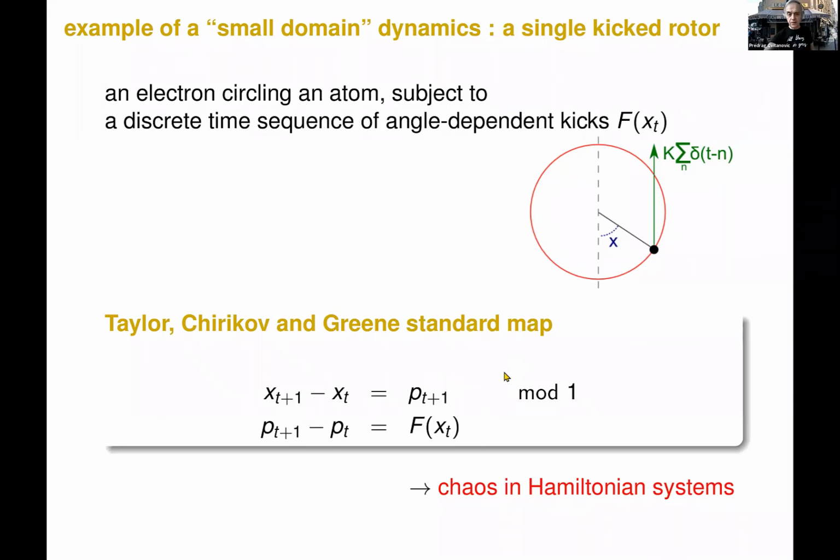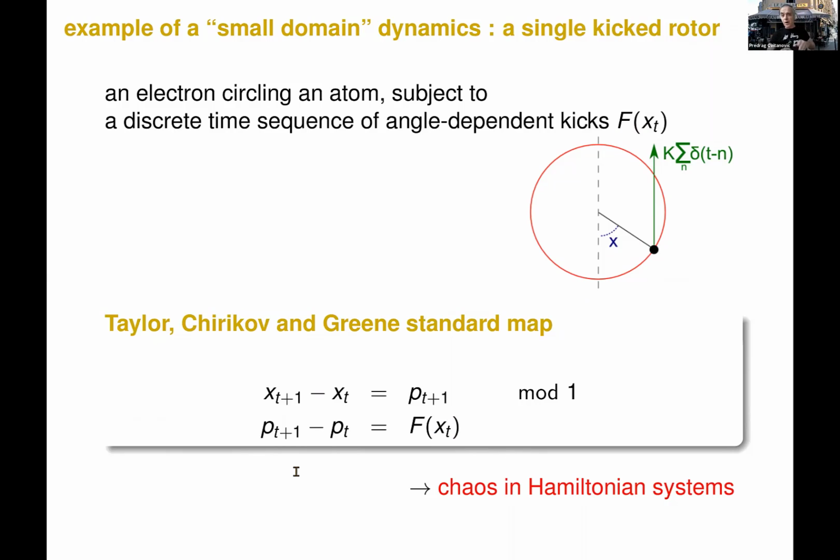And this is a Hamiltonian system because it says velocity, discrete velocity, defined by delta t, which I've set to 1, equals momentum. And the change of momentum, that should be acceleration, right? Or force. This is given by the kicks at time t.